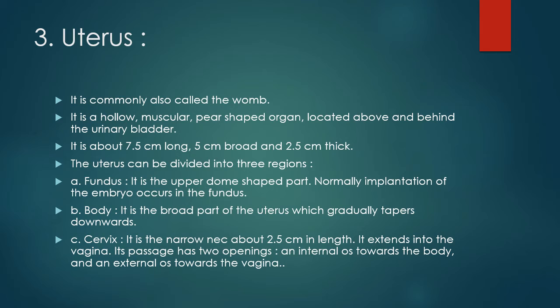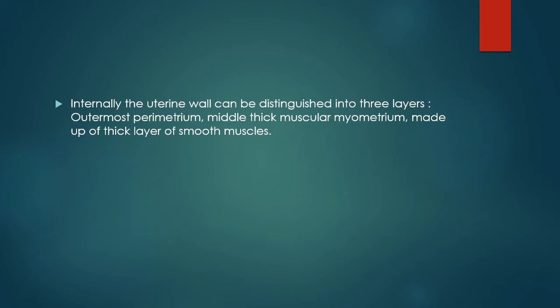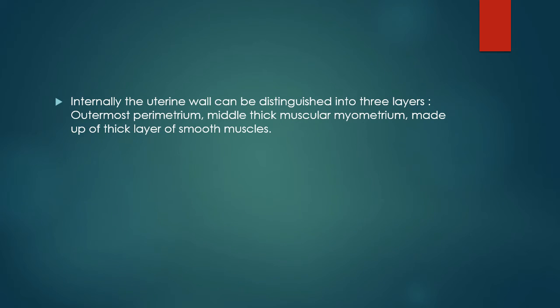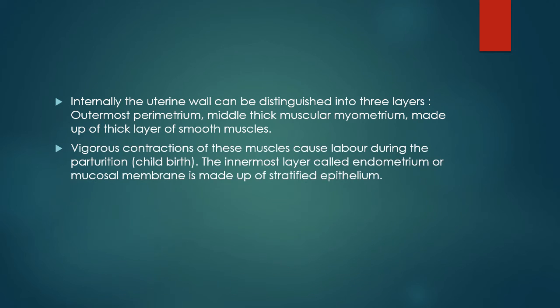Its passage has two openings, an internal one towards the body and an external one towards the vagina. Internally, the uterine wall can be distinguished into three layers: the outermost perimetrium, and the middle thick muscular myometrium, made up of a thick layer of smooth muscles.